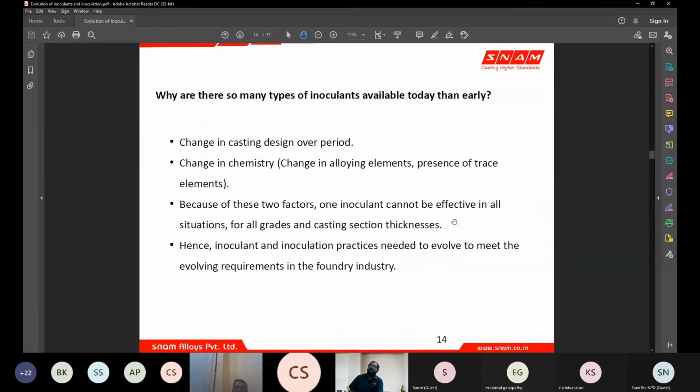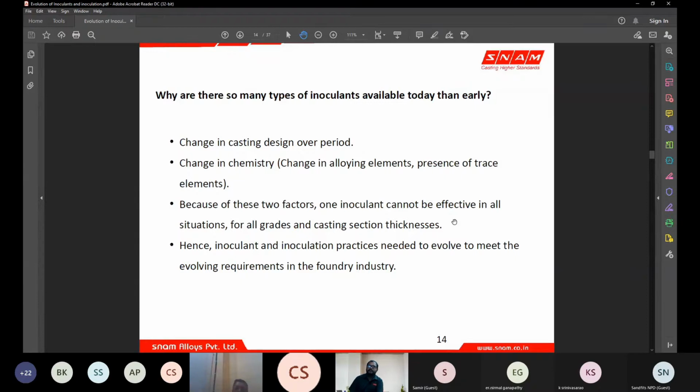The reasons for evolution could be a change in the casting design over time, where people are trying to cast thinner sections than before to achieve the same strength, or reducing the weight of the casting by reducing the thickness while achieving the same strength, improving the strength to weight ratio. And a change in the chemistry, like the purity of charge mix which was available at that time and the purity which is being demanded today is improving.